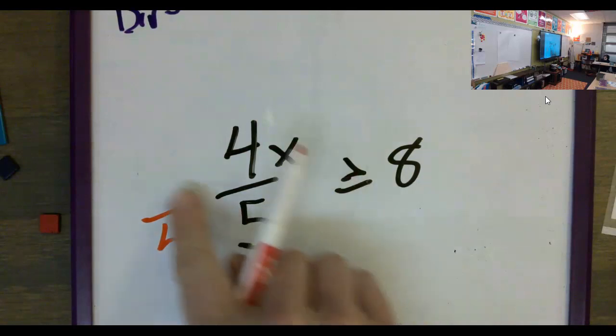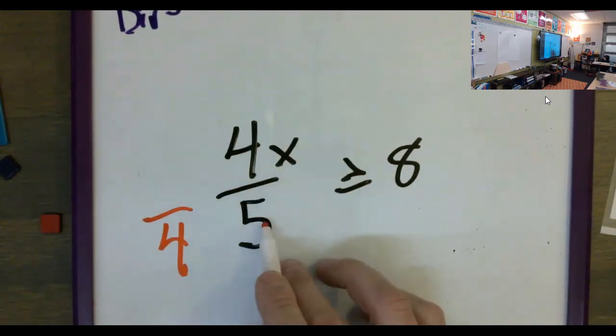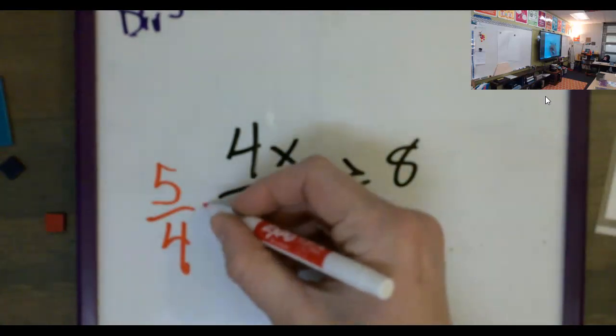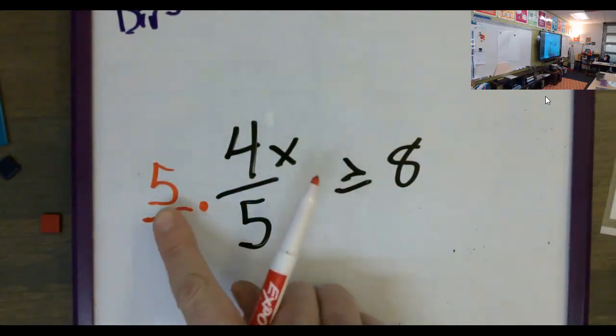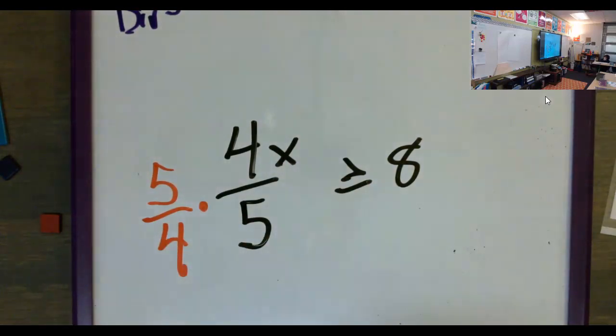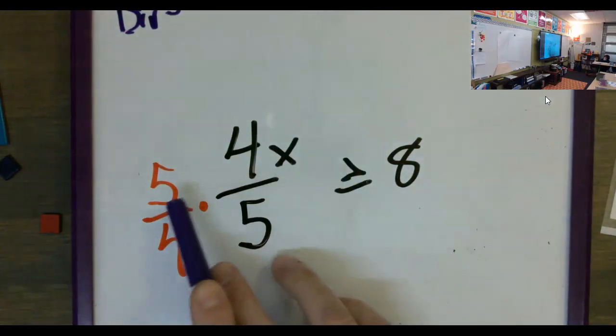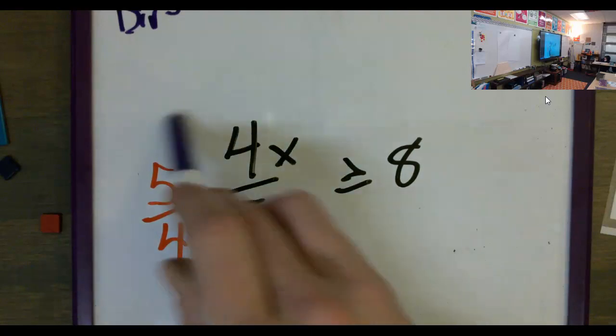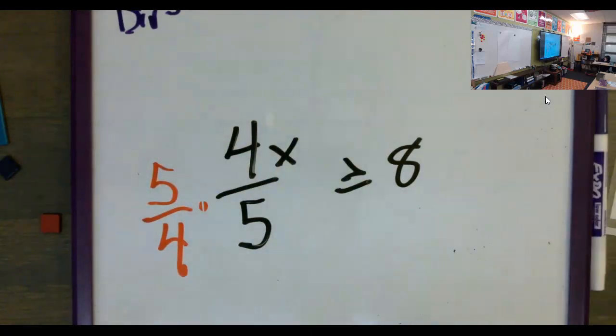Ooh, careful. Multiply by 5 because we're undoing the division. So guys, if you multiply by a fraction's reciprocal, remember, reciprocal, if you flip it over, 5 times 4 is 20. 4 times 5 is 20. What's 20 divided by 20? It's 1. Now the trick is, don't forget to do this on the right side.